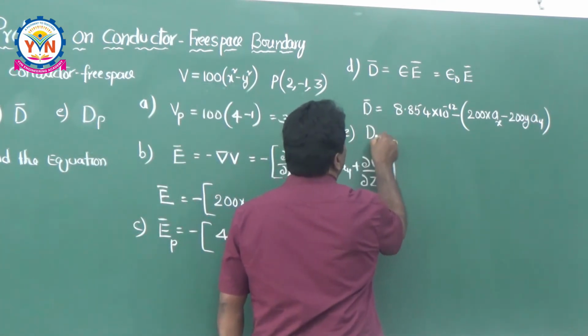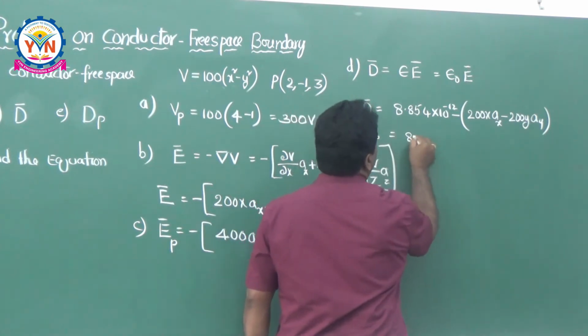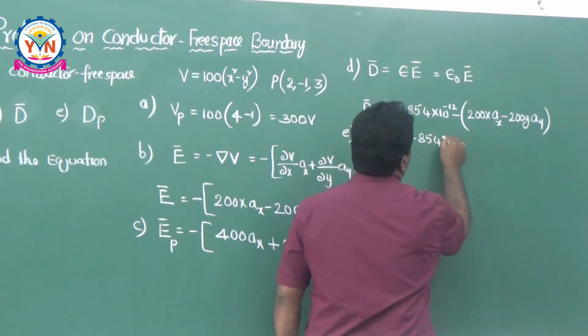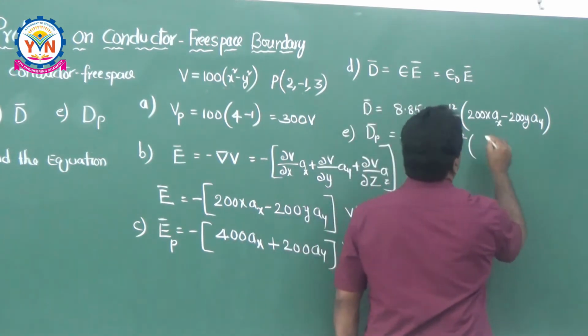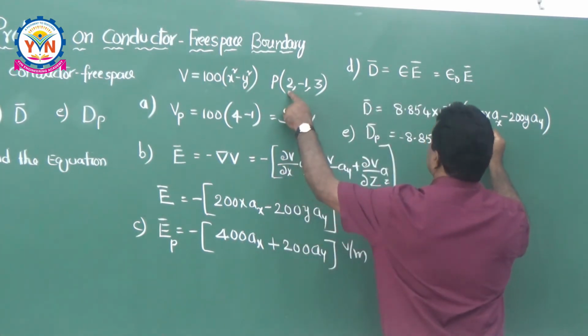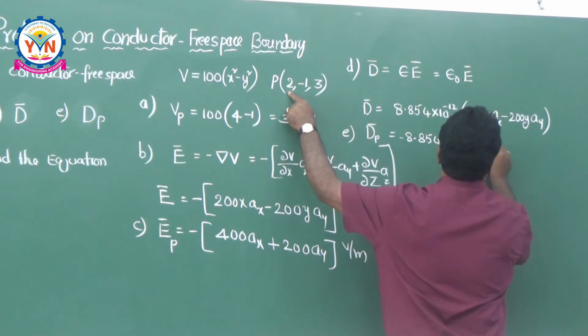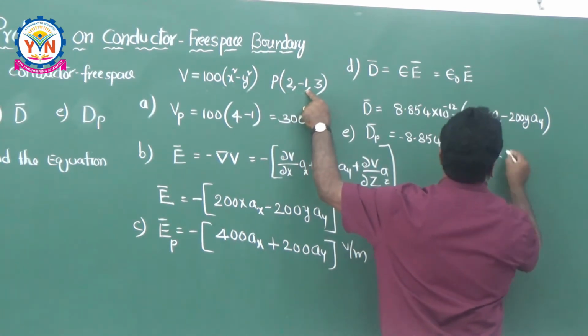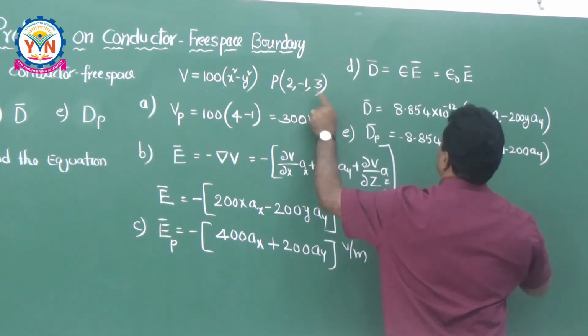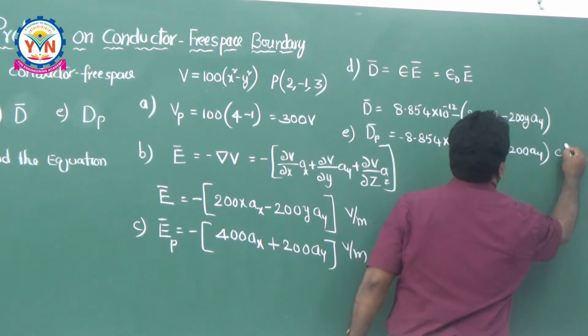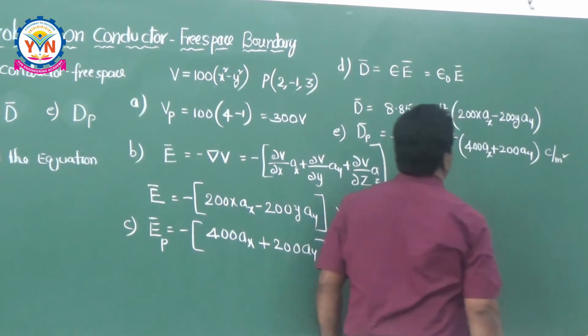So Dp bar is equal to 8.854 into 10 to the power of minus 12 into minus 200 times x. What is the x here? This is 2. So 400 AX, and 200y means plus 200 AY. This is Dp in coulomb per meter square.